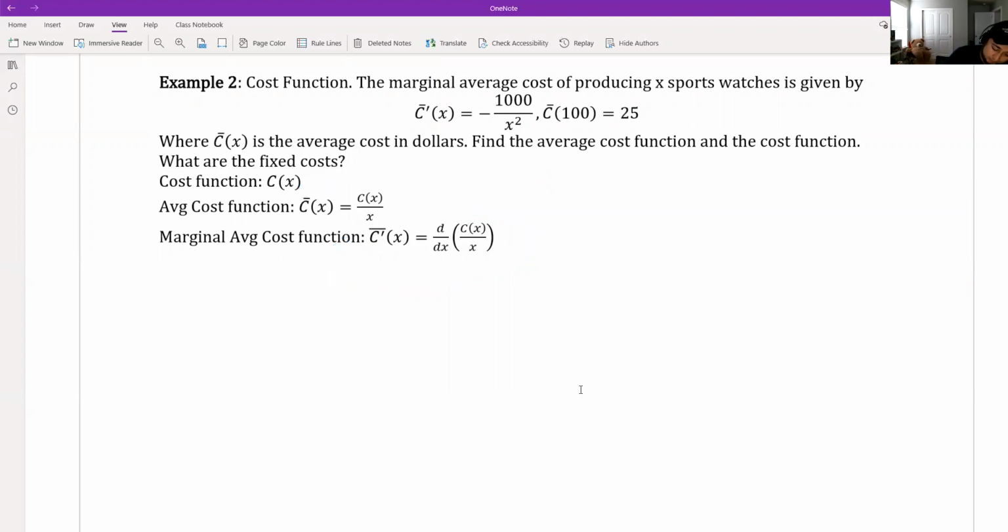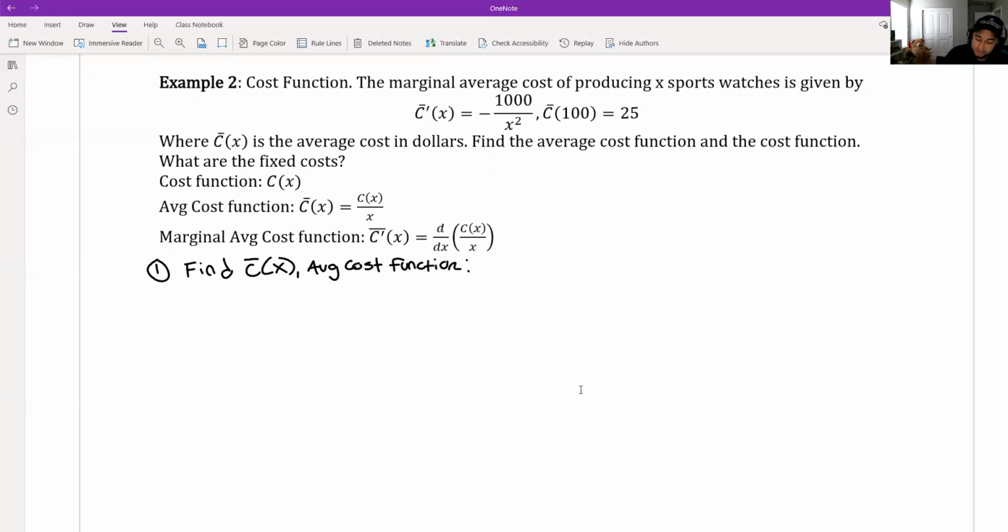So first step is to find the average cost function. So we'll say step 1. Find C bar of X, that's the average cost function. Okay.